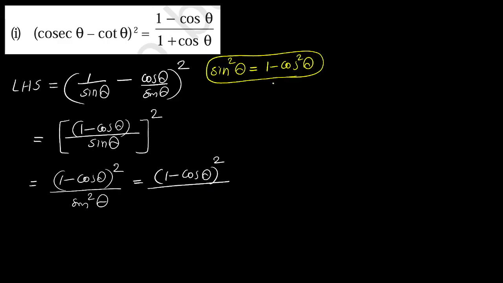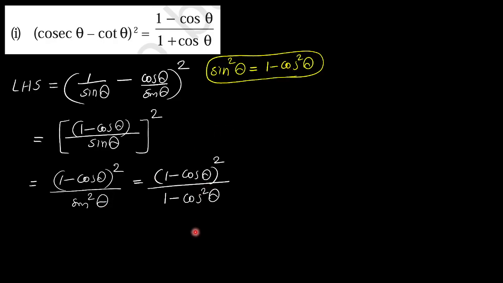So sin square theta is written as 1 minus cos square theta. Why do I use that identity? RHS contains cos theta only. So I want the answer in terms of cos.